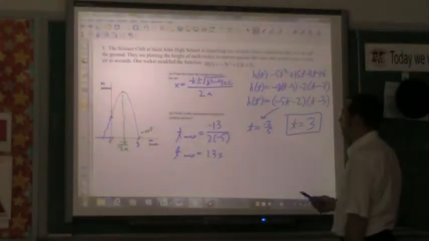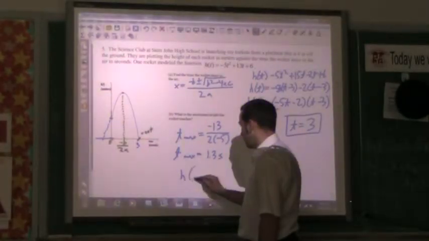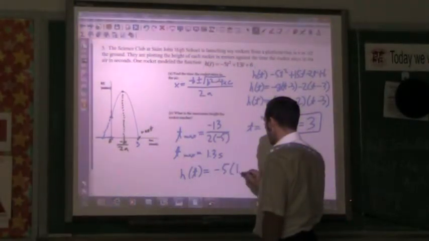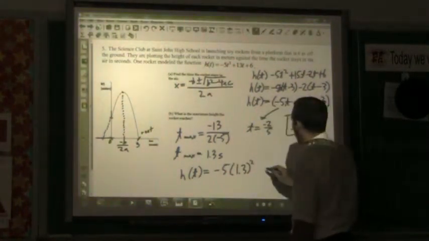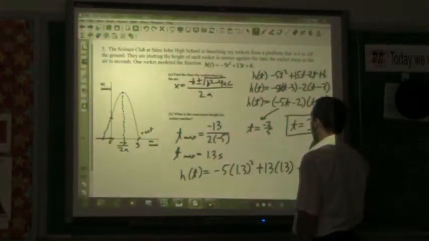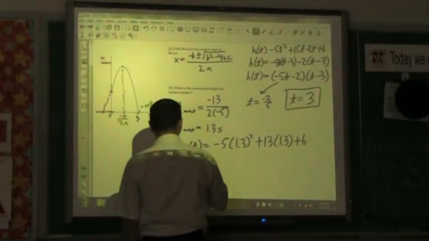To get the actual maximum height, plug in 1.3 for my times. Negative 5 times 1.3 squared plus 13 times 1.3 plus 6. So my max height.